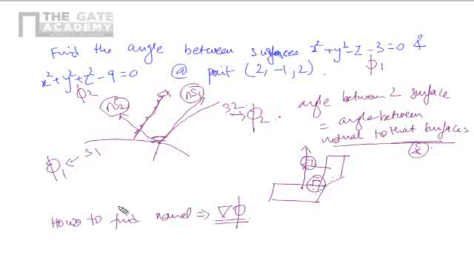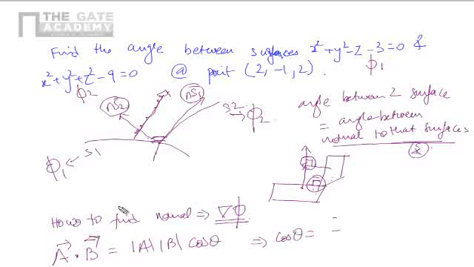Now I have found del phi 1 and del phi 2. How will I find the angle between them? Say for example, if I have two vectors A vector and B vector, if I take the dot product of them, what will it give me? AB cos theta. So from this, how can I find cos theta?